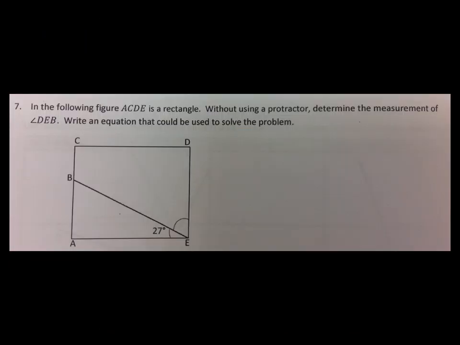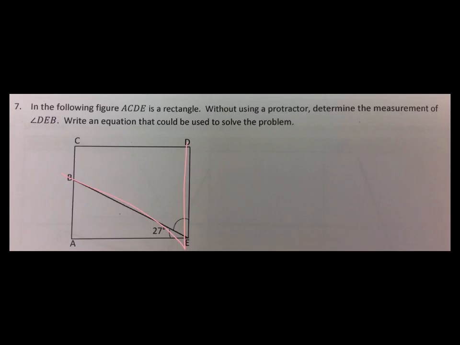In the following figure, ACDE is a rectangle. Without using a protractor, determine the measurement of angle DEB. So we start at D, we go down to E, and up to B. So the angle that we are trying to find is DEB. Write an equation that could be used to solve the problem.